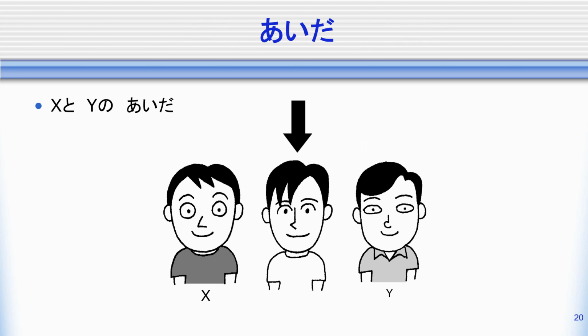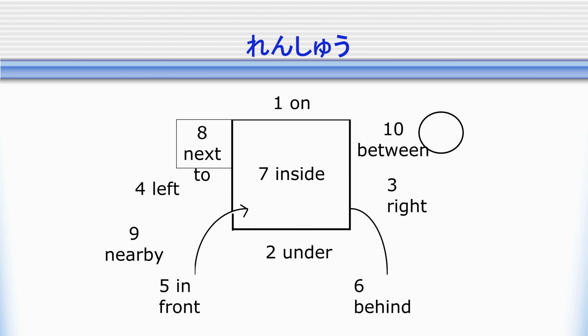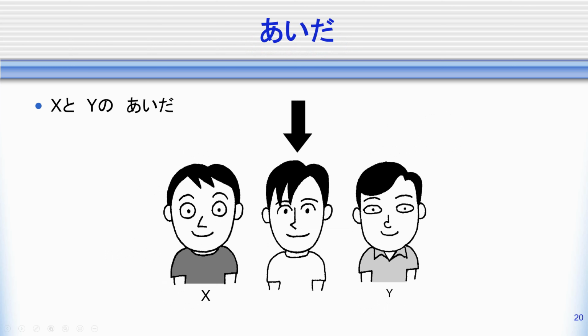This one is a little bit more difficult to use. When we use aida, we have to talk about between two different things. So X to Y no aida means in between X and Y.